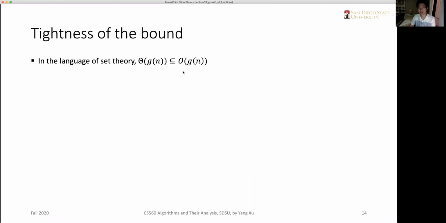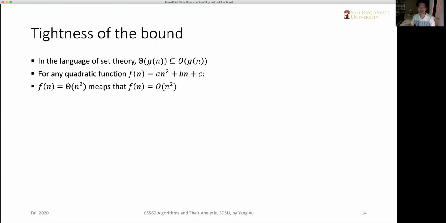So big theta of g of n is a subset of big O of g of n. Here's an example. For any quadratic function like this, f of n equals big theta of n squared means that f of n also belongs to big O of n squared.